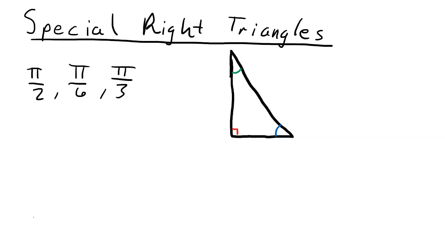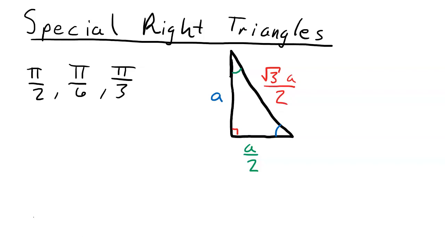So these measurements are going to be A, A over 2, and square root 3A over 2. So again, A is just a variable.